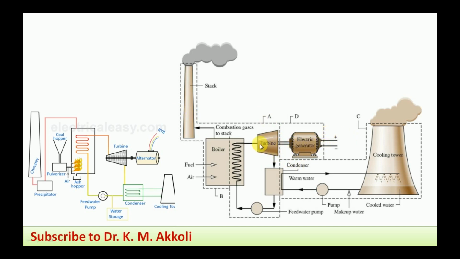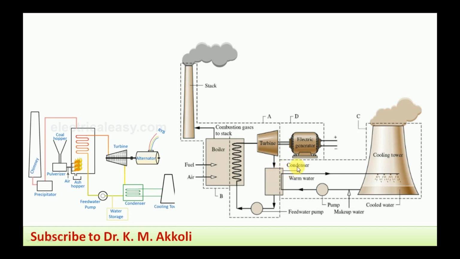After the expansion of the steam in the turbine, low pressure, low temperature steam comes out, and that is condensed in a condenser. Whatever is in vapor form should be recirculated, but the steam we cannot pump, so it should be condensed to a liquid.